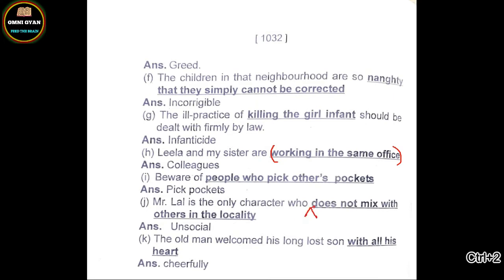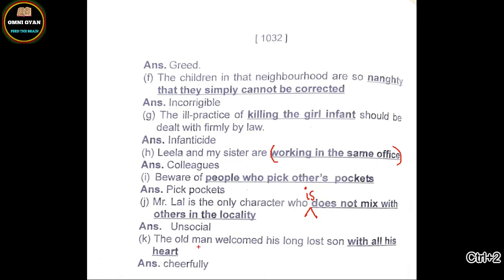You can make necessary changes, there is no problem if you wish to make necessary changes in the sentences. So you can put the word is and then add one word, unsocial. Okay.